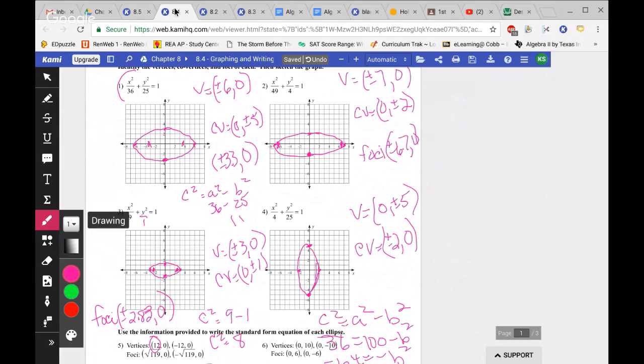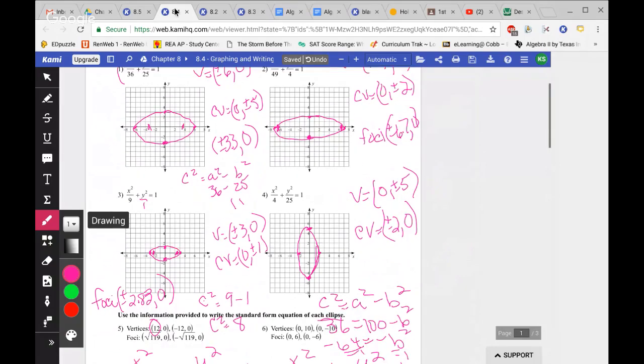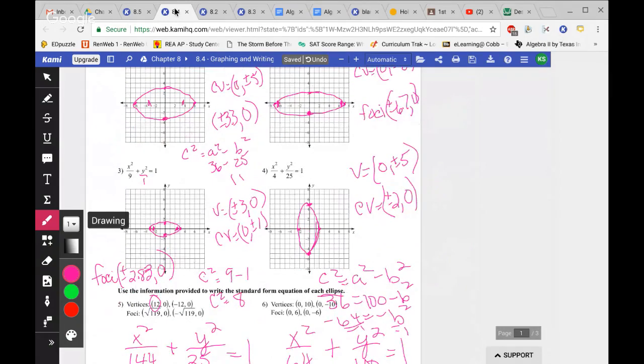And we find it by c squared equals a squared minus b squared, which in this case is 25 minus 4. So c squared equals 21. And the square root of 21 is, what is the square root of 21? 4.6. Yes, ma'am.